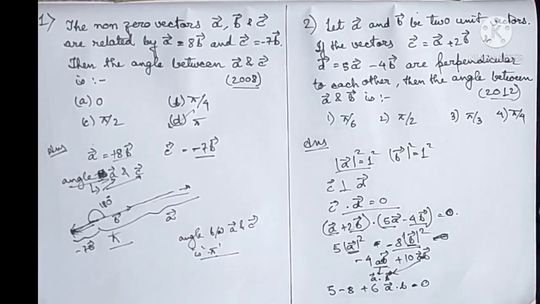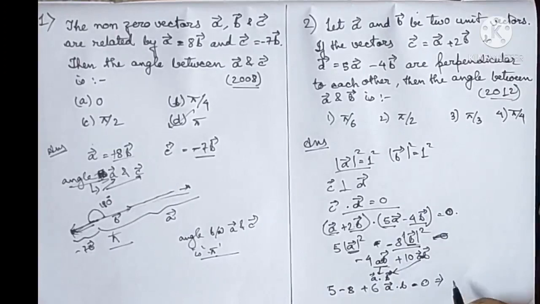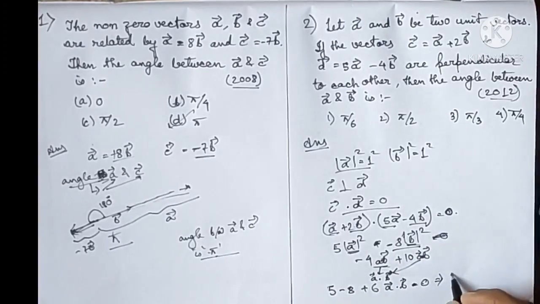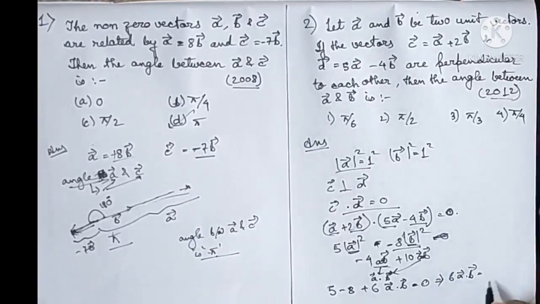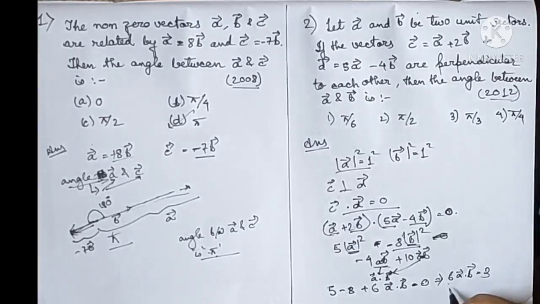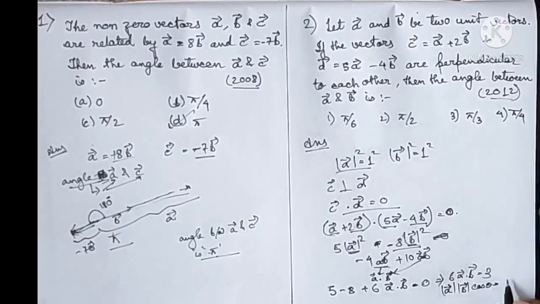So from here we can say that 6 A dot B is equal to 3, that is mod A mod B cos theta is equal to 3 by 6, that is 1 by 2.